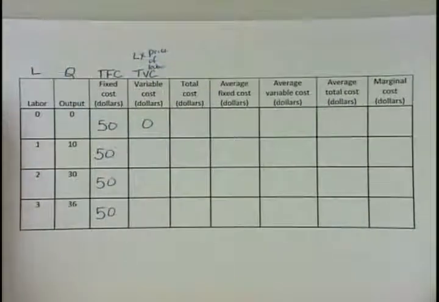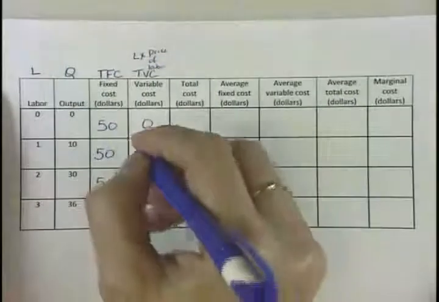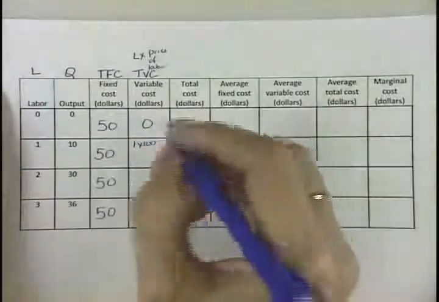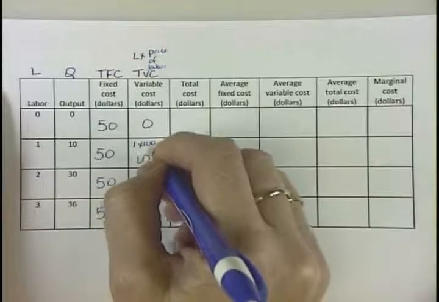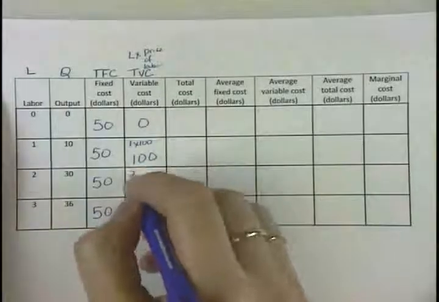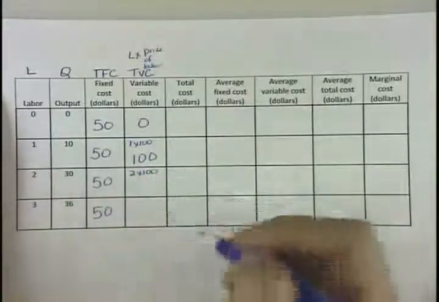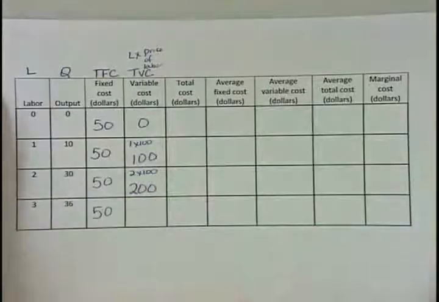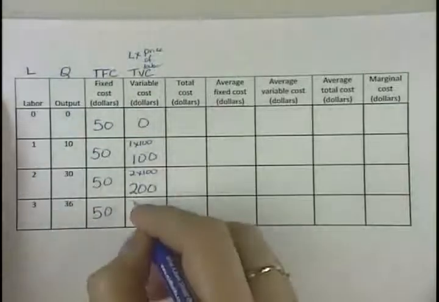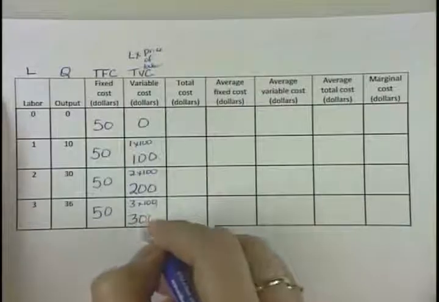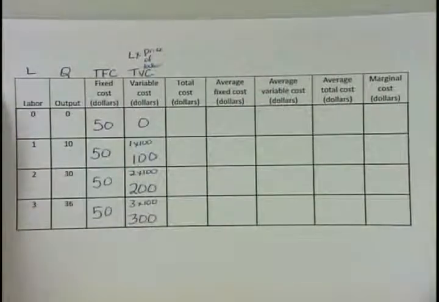If we have 1 unit of labor, we take 1 times 100, so our total variable cost is $100. With 2 units of labor, 2 times 100, our variable cost is now $200. And for 3 units of labor, 3 times 100, our total variable cost is $300.